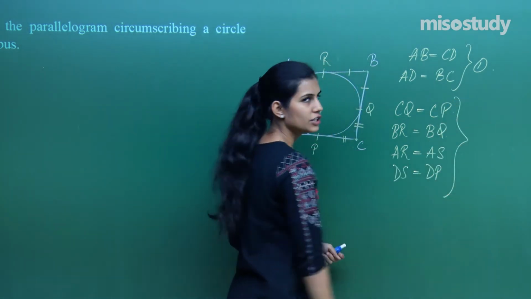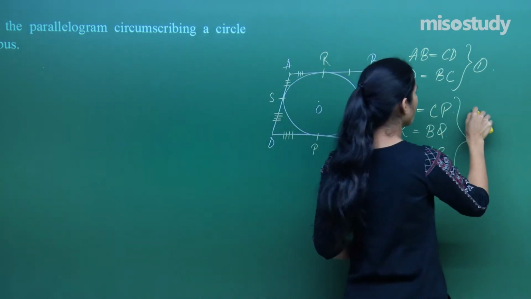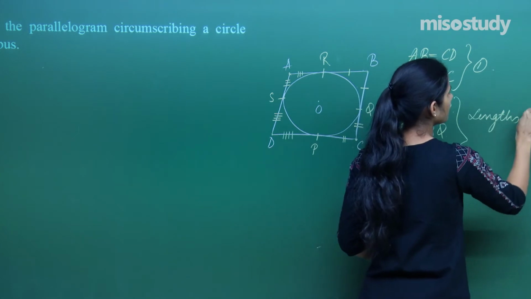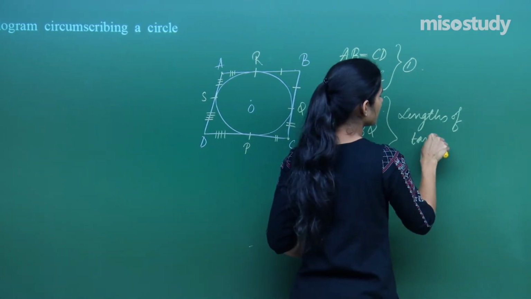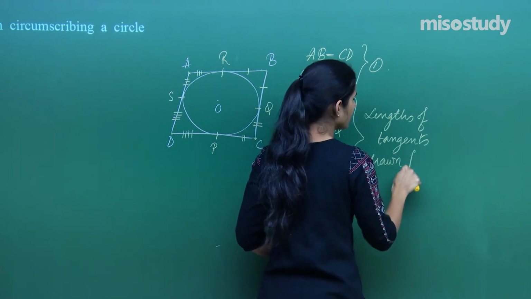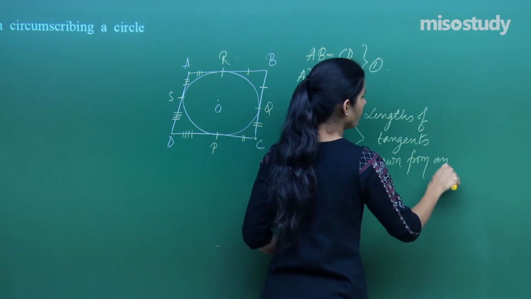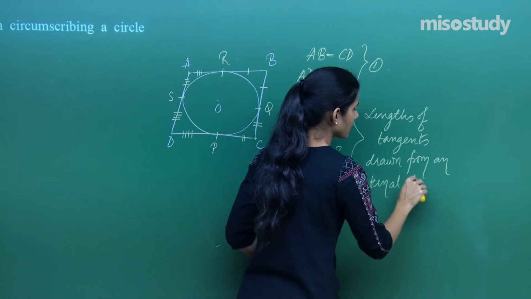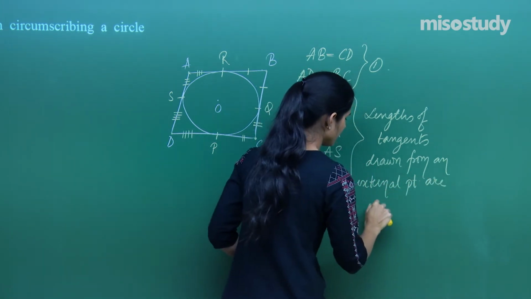This we have got on the basis of the fact that lengths of tangents drawn from an external point are equal.